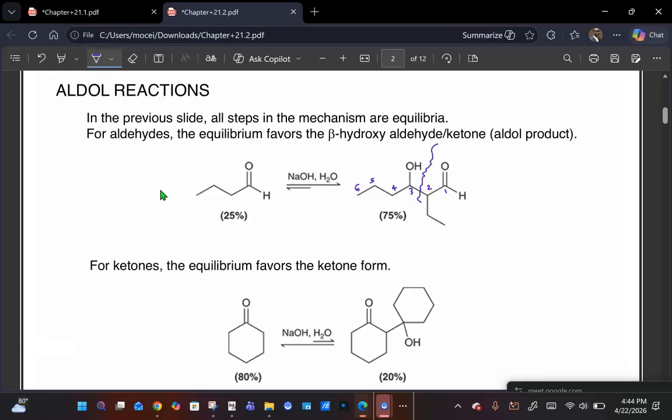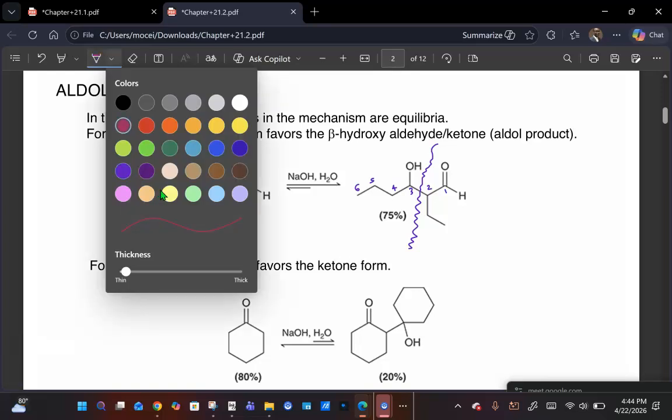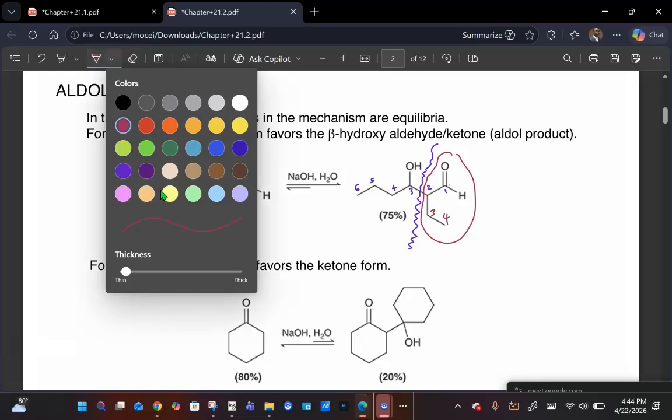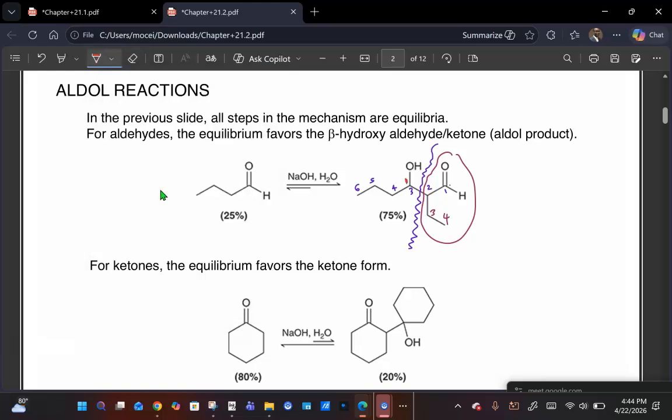Do you see how it's self? Yeah, it's self aldol because it's 1, 2, 3, 4 on this part, and this side, that's where the carbonyl used to be. 1, 2, 3, 4. This is self aldol product. It's not condensation yet because that's alpha, that's beta, and we still have the OH.